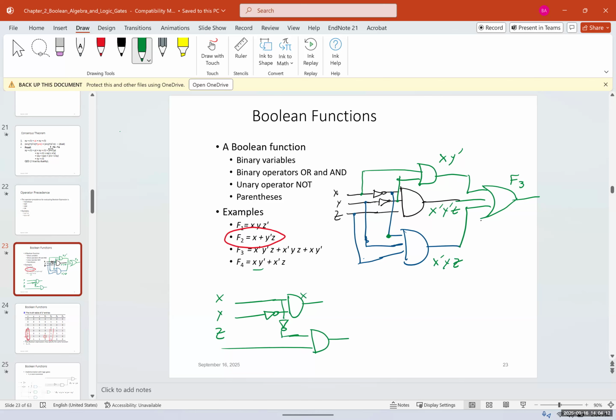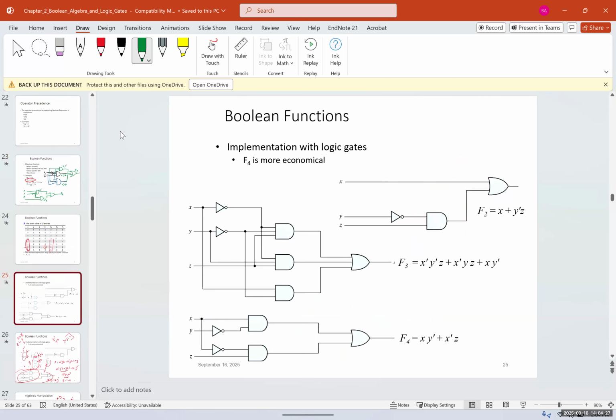So this is X, Y prime. This is X prime Z. And finally, they are connected with an OR gate. This is going to be F4. They've all been connected here as well.